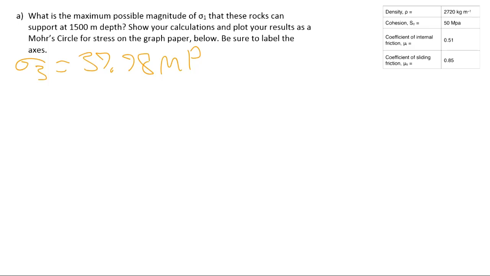From last time, we know there's a function between sigma 1 and sigma 3. If you remember, we said sigma 1 is equal to the strength of the rock under compressional force, plus K sigma 3, right? In this function, sigma 1 is unknown.